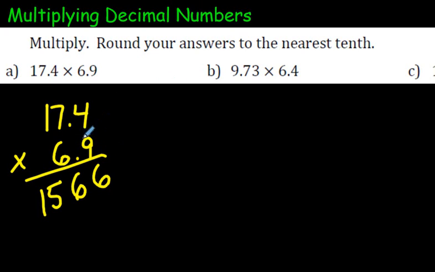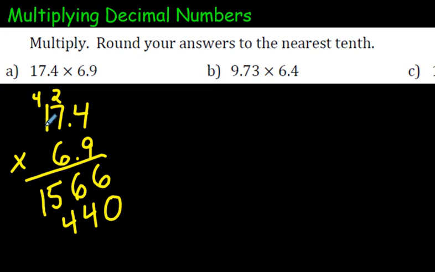Now we're going to ignore the 9 and we're going to go with a 6 here. And if you remember doing this the regular way, we put a 0 here. It's just something to show us that we're now talking about this number right here, the 6. And 6 times 4 is 24. 6 times 7 is 42, plus 2 is 44.